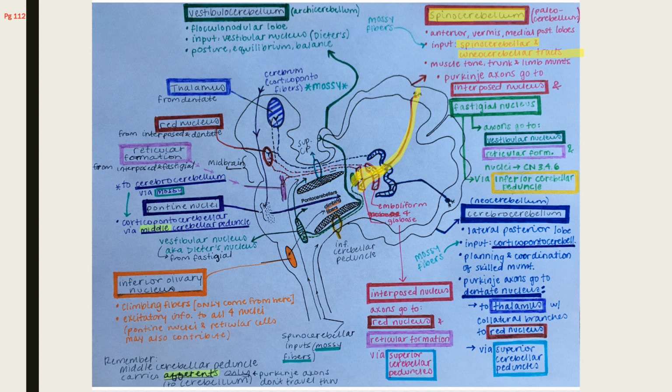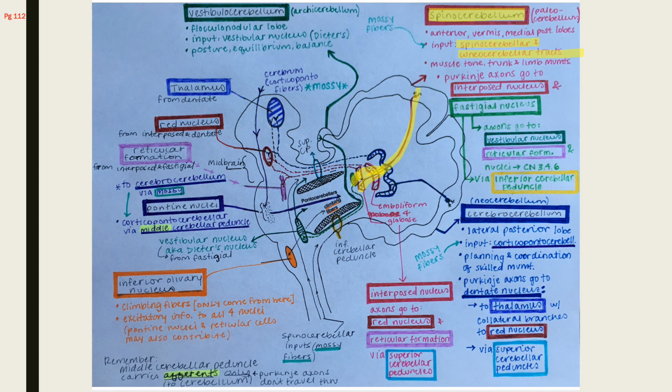Then next we have the spinocerebellum. From the chart, we had our inputs coming to the cortex from the spinocerebellar and cuneocerebellar tracts. Those are examples of our mossy fibers going to the granule cells and then making it to the molecular layer.